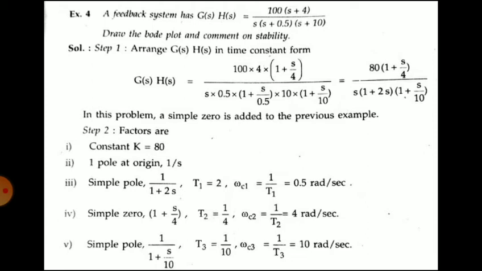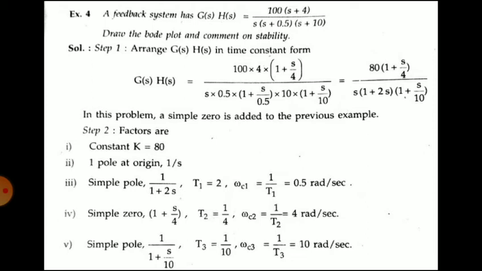From the numerator, in the bracket s + 4, take the 4 common and write the expression. So it will be 100 into 4 into (1 + s/4).